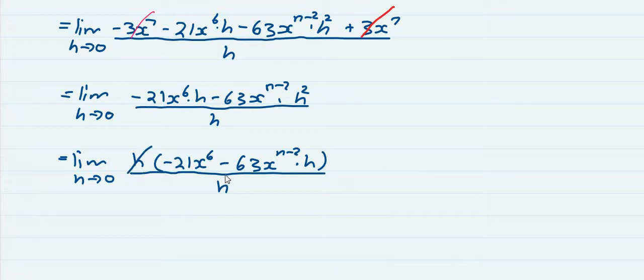Then h divided by h is 1, so the limit as h approaches 0 of minus 21 x to the exponent 6 minus 63 x to the exponent n minus 2 multiplied by h.